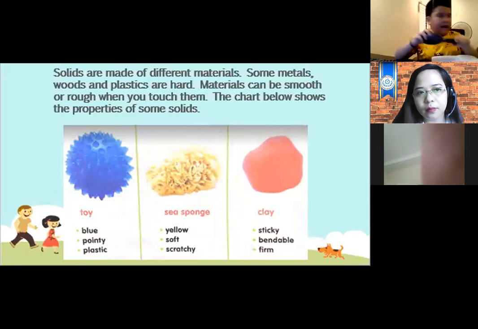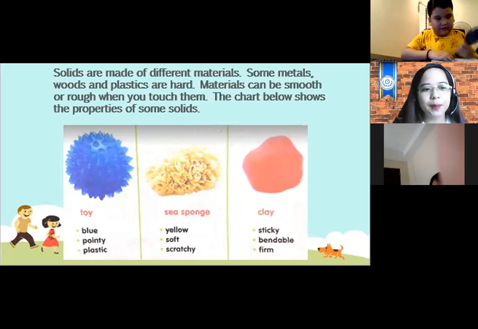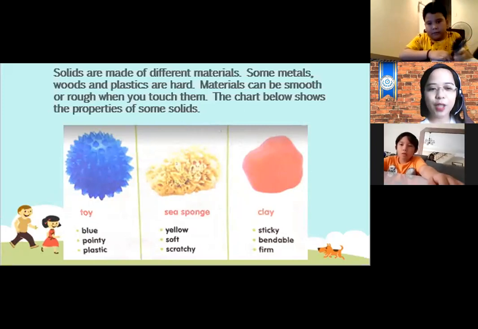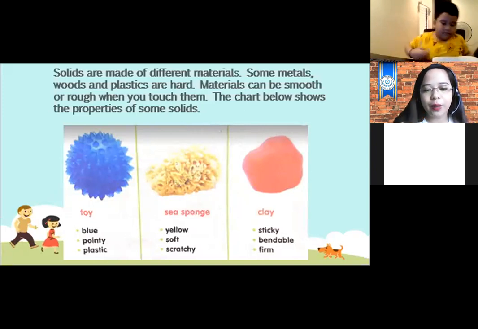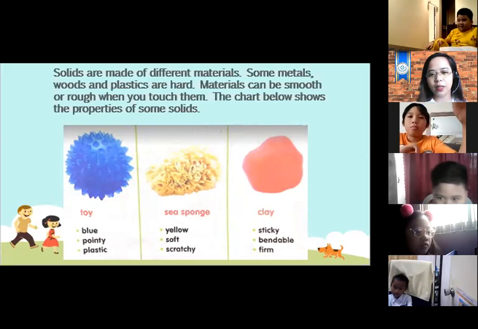Smooth, and then hard. Okay, good job. So the brush is smooth on surface and then rough.